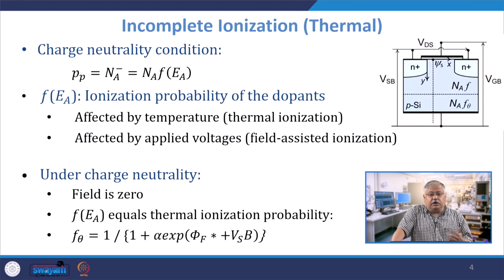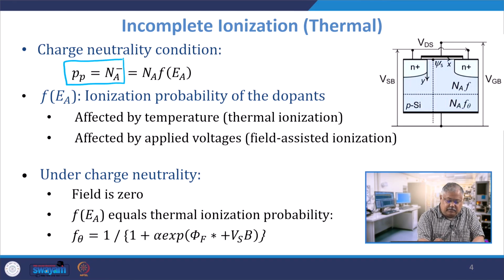Now, let us look at incomplete ionization, which we have already done, but I will still go one step ahead and show it to you. If you remember the charge neutrality, p_p basically means the number of holes generated in a p-type material. With the charge neutrality condition, the number of free holes available must be equal to the number of acceptor ions which have accepted one extra electron and thereby turned into a hole.